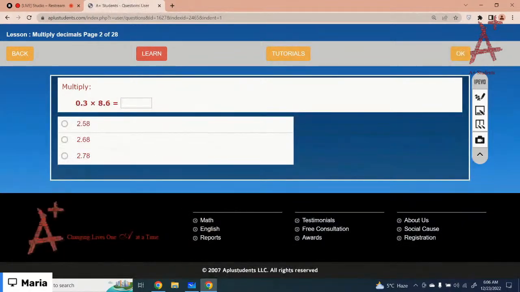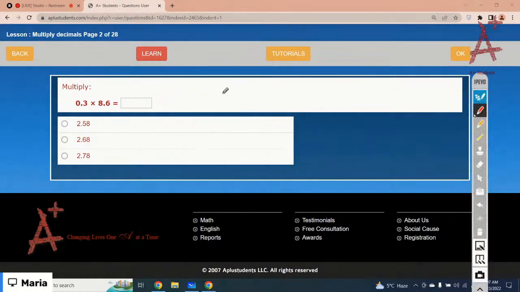Okay, the next one is 0.3 times 8.6. So let's just multiply. Just multiply the numbers without the decimal point. It would be 86 times 3. 3 times 6 is 18, 8 and 1 carry. 3 times 8 is 24 and 1 is 25. Both numbers have one decimal place, so the total is two decimal places.